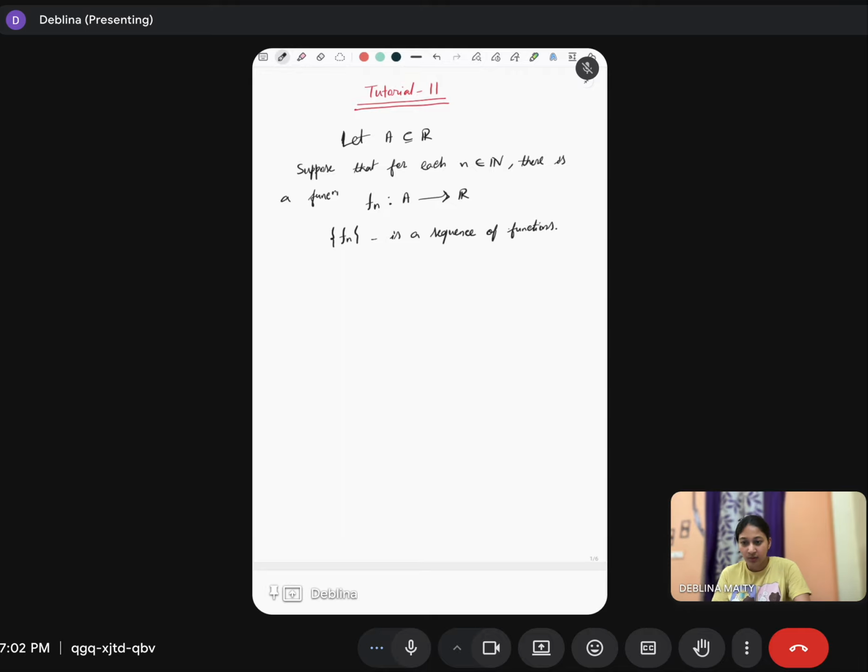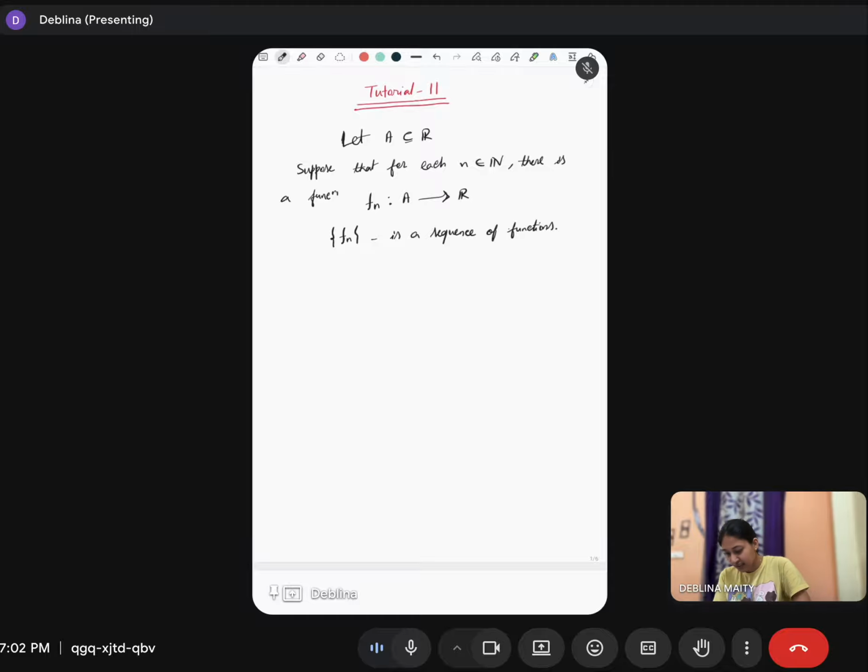So we already know about sequence of real numbers. Now we are taking sequence of functions. So each of these terms is a function, not a real number.